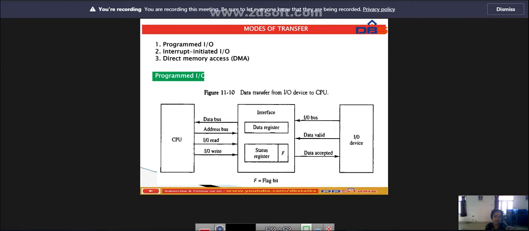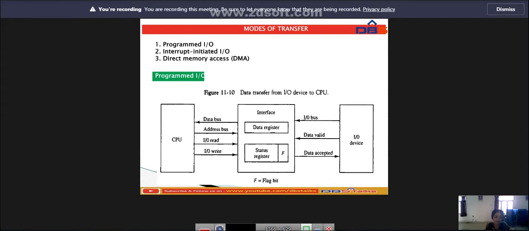Between the CPU and the interface, I have the data bus, address bus, input output read and input output write lines. Between the interface and the input output devices, I have the input output bus, data valid and data accepted lines. So this is the actual diagram.